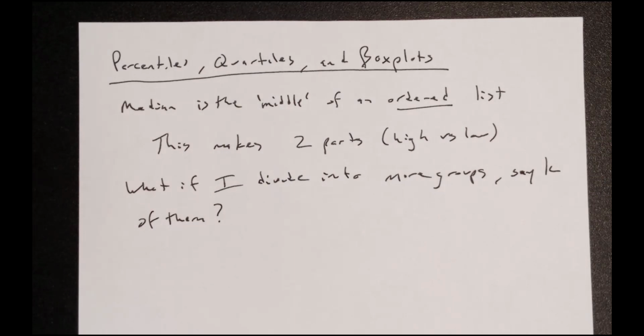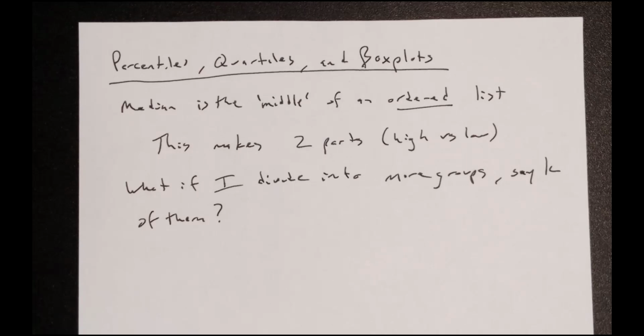Let's say I wanted 10 groups, 5 groups, 4 groups, 100 groups. I want to take my data set and divide it into more groups. Wait a minute. If I'm thinking of 100 groups, then I could talk about where you are in this list out of 100.